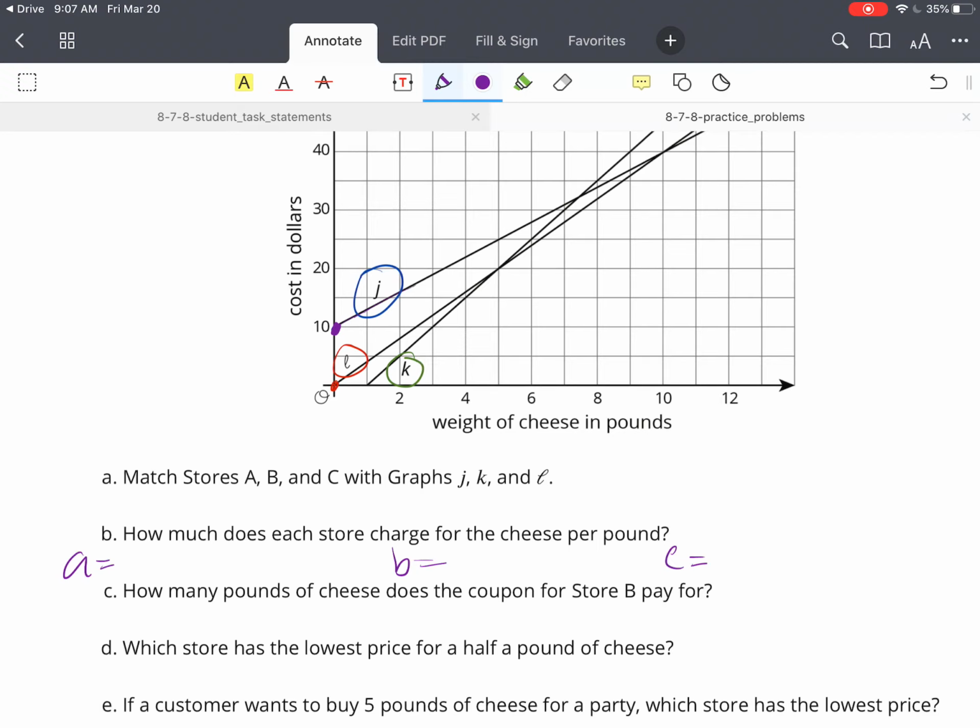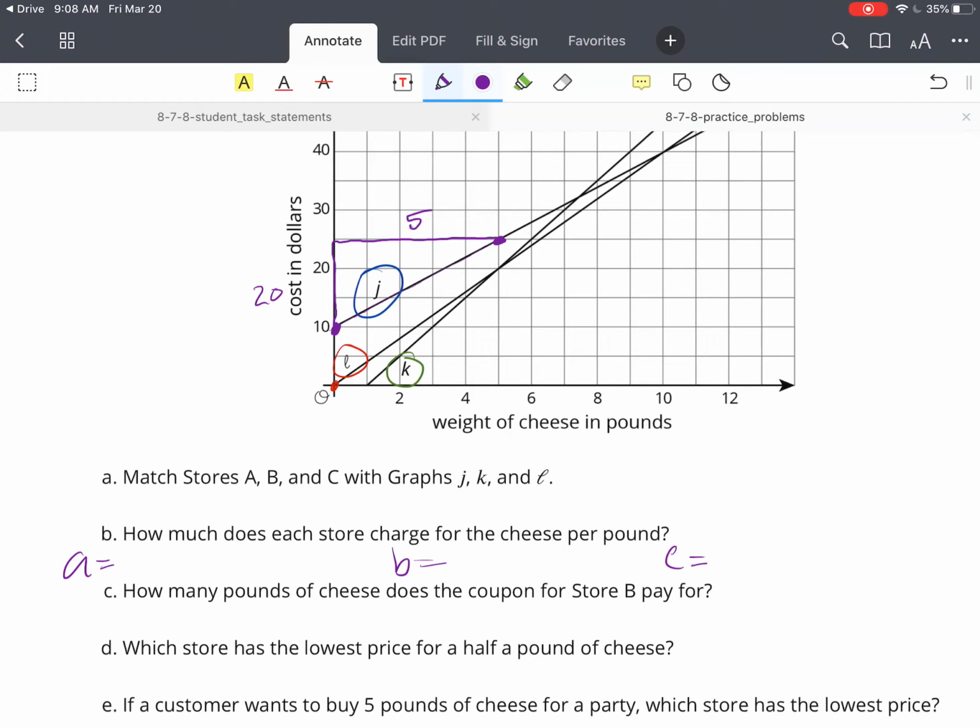Here's a little point, and if we go along the line, I'm gonna stop at this particular point because they both cross the axes. So the price difference here is 20. Okay.